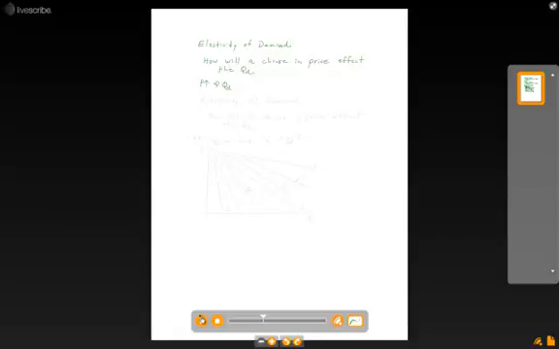The concept that we're getting ready to talk about is the idea of elasticity of demand. Again, the idea is to ask the question, how will a change in price affect the quantity demanded, or the amount that a buyer would be willing and able to buy?